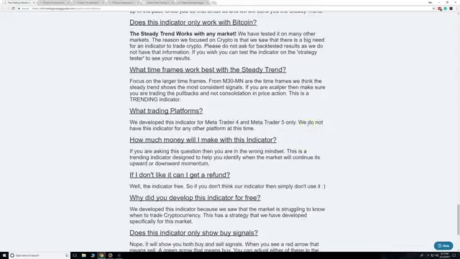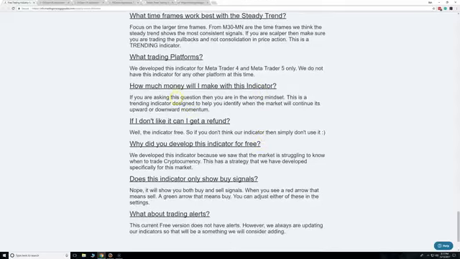If you're wanting it for NinjaTrader, we actually can code this for NinjaTrader. If you're a NinjaTrader user and you're saying, hey, I might want this, let us know. We might be able to get that over there for you as an exception. And this will be a big question: how much money am I going to make with this indicator?